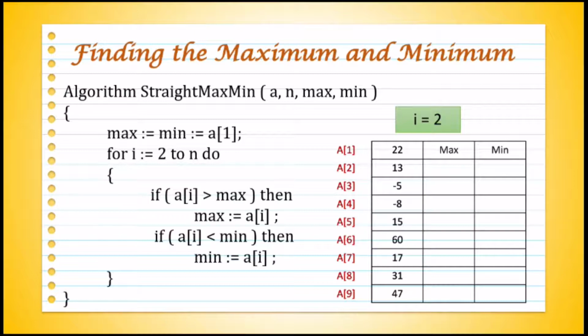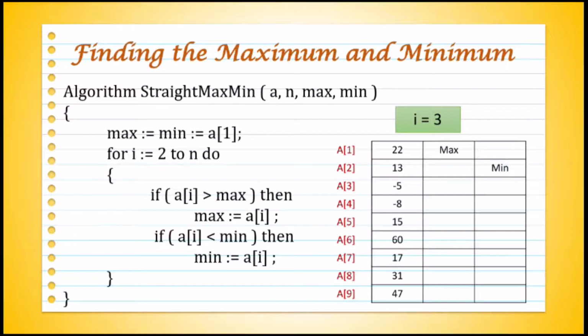That means we will change the value of min. So now the new value of min will be 13. So after executing min equal to A of I, we will check the condition again. So now the value of I will be 3.